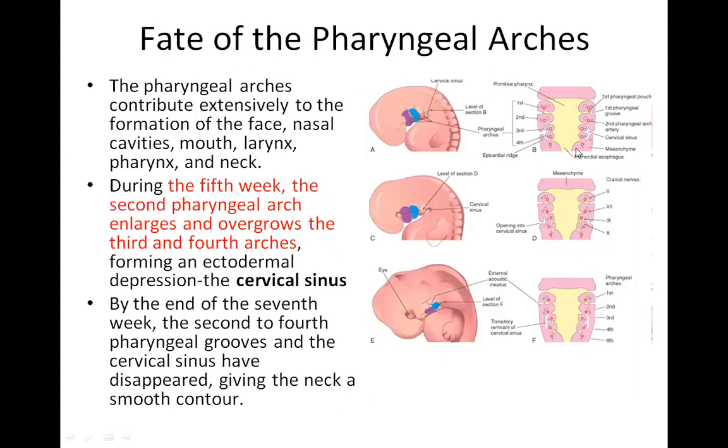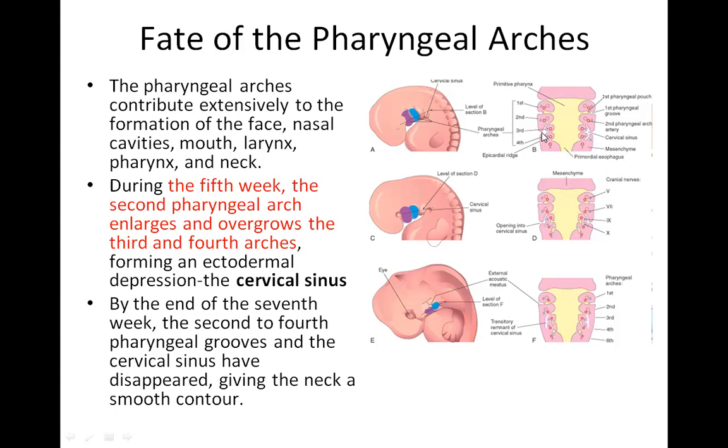Now, what is the fate of a pharyngeal arch? The pharyngeal arches contribute extensively to the formation of the face, nasal cavities, mouth, larynx, pharynx, and the neck region. Now, during the 5th week, the second arch will enlarge and overgrow the third and the fourth arches, and it will form an ectodermal depression.